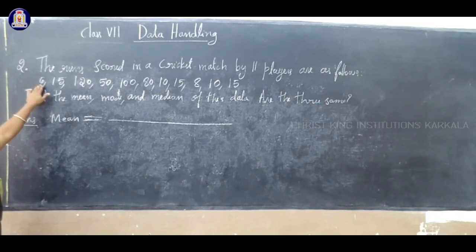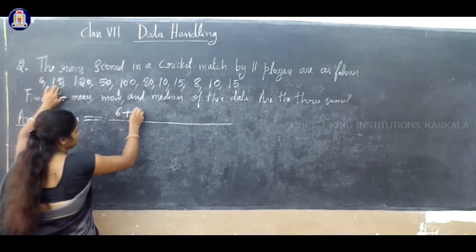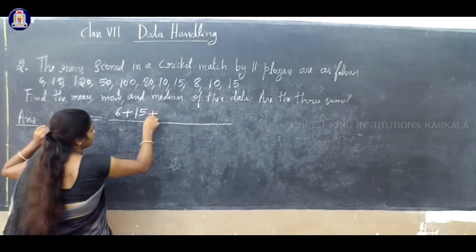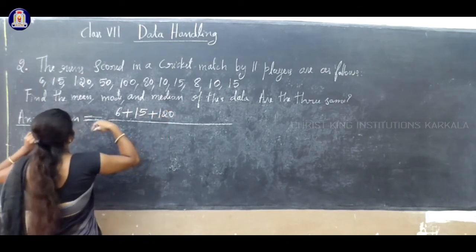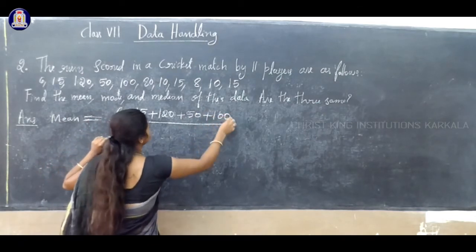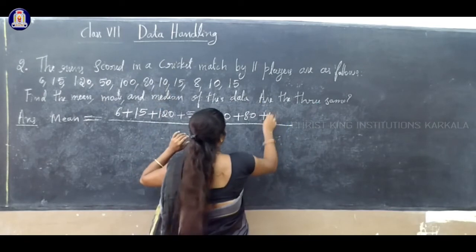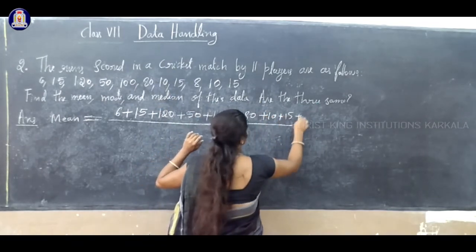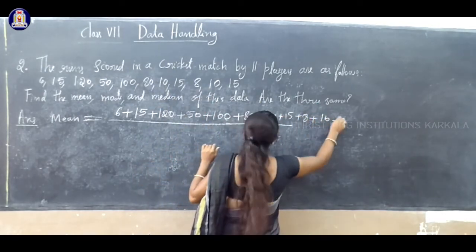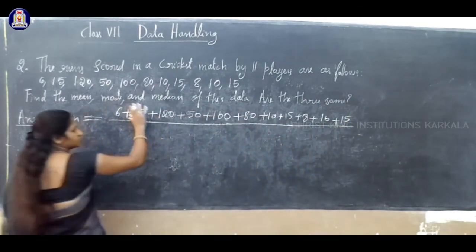So now what you have to do? You have to write the sum of all the scores. Means 6 plus 15 plus 120 plus 50 plus 100 plus 80 plus 10 plus 15 plus 8 plus 10 plus 15. So all the numbers must be written in the numerator.